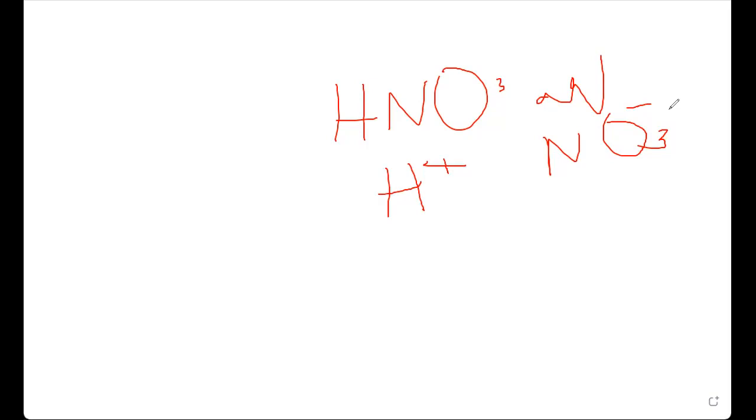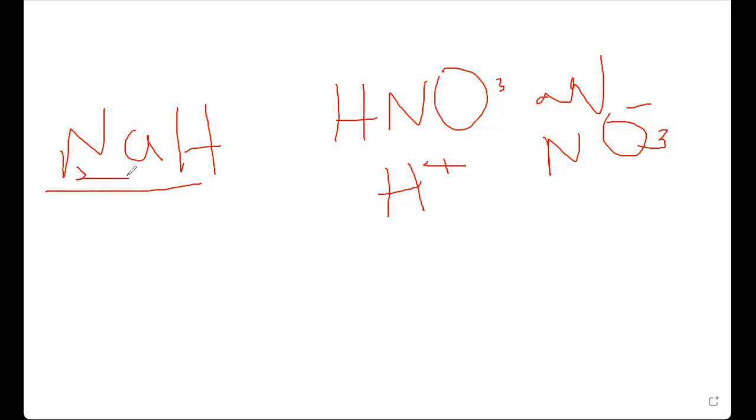For example, if you say we have Na2S, that is called sodium sulfide. And let's select some compound of hydrogen, for example, NaH. NaH is sodium hydride. When you dissolve sodium hydride into water, it will not give you H plus ion.